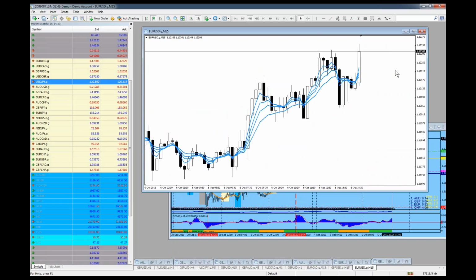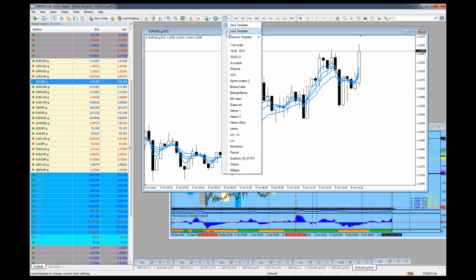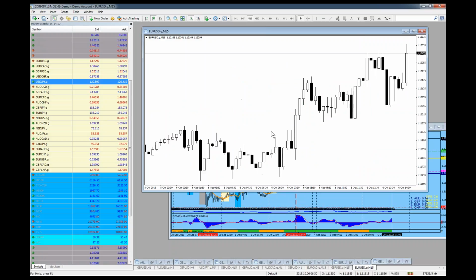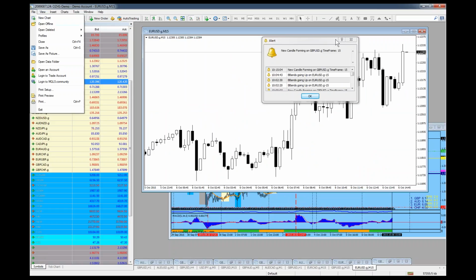All right. So I thought I had the whole guppy up here, but I don't. I'll add it later. BW clean. Let me just add some indicators here. File.